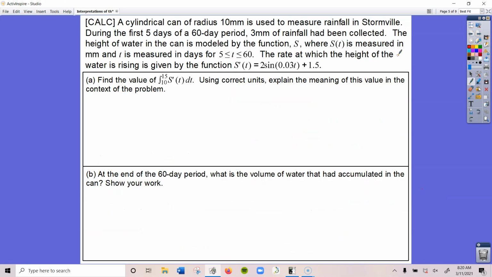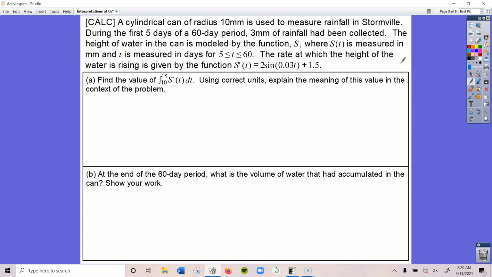A cylindrical can of radius 10 millimeters is used to measure rainfall in Stormville. During the first 5 days of a 60-day period, 3 millimeters of rainfall had been collected. The height of water in the can is modeled by the function s, where s of t is measured in millimeters and t is measured in days for 5 to 60 days.